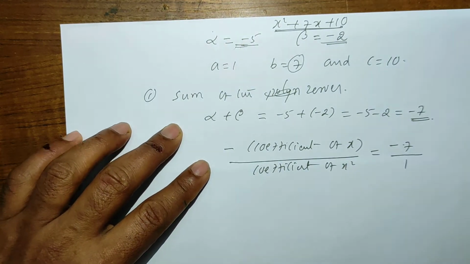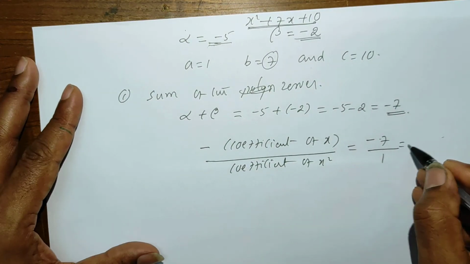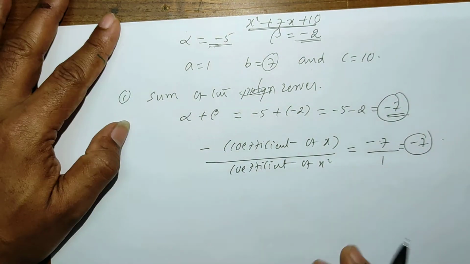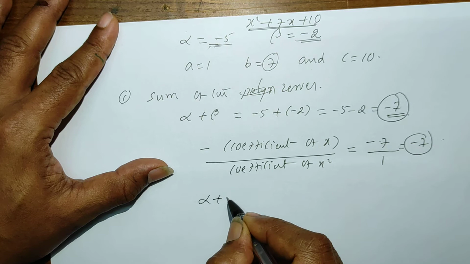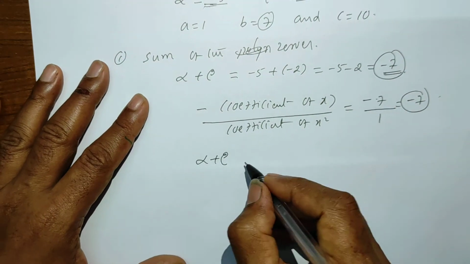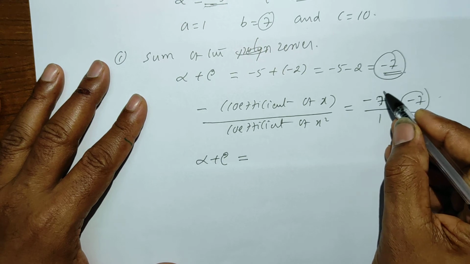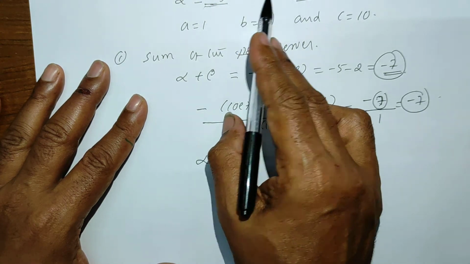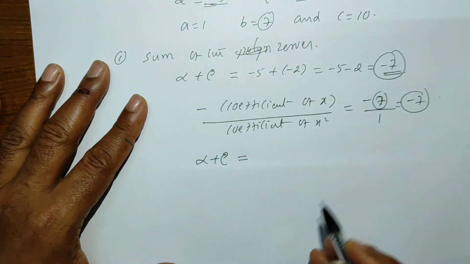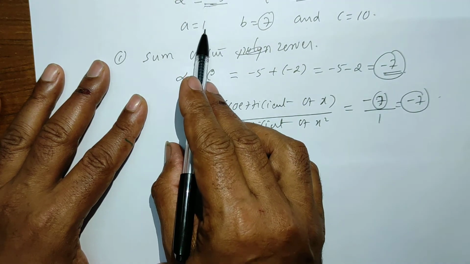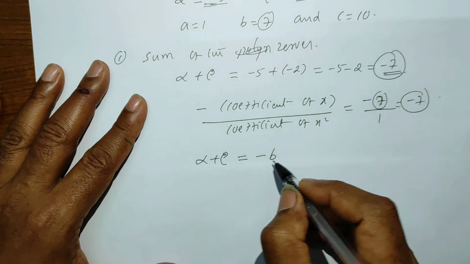So here also we obtain minus 7. So sum of the zeros, alpha plus beta, becomes equal to minus b, where b is the coefficient of x, by a, the coefficient of x square.